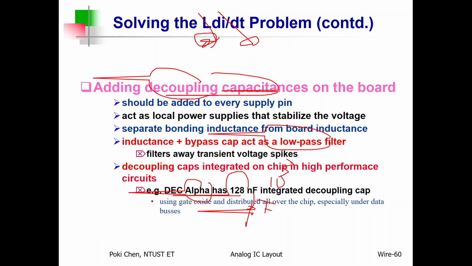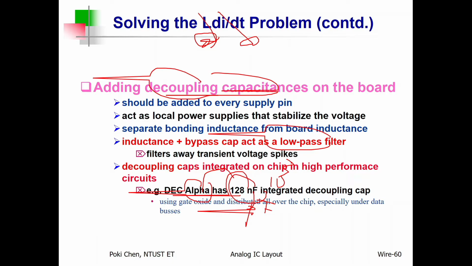For my students, if they use tens of picofarad, I will say, oh, that is really expensive. If they use more than 100 pico, I will say, hey, don't waste my money, right? Sorry for that. For DEC Alpha, it used more than 100 nanofarad for only the decoupling capacitor.